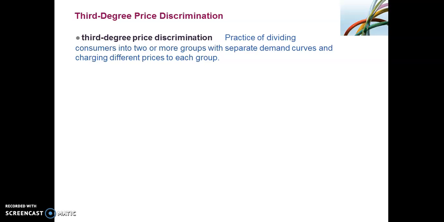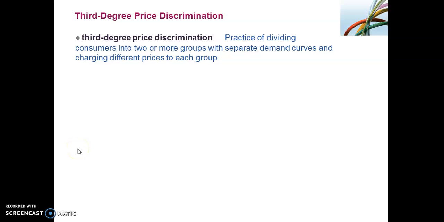Another example is students and pensioners that may end up paying a lower price. If you think about going up the cable car or to Kirstenbosch Gardens, you typically see that the prices for pensioners and students are lower than the price charged to normal visitors to those sites.